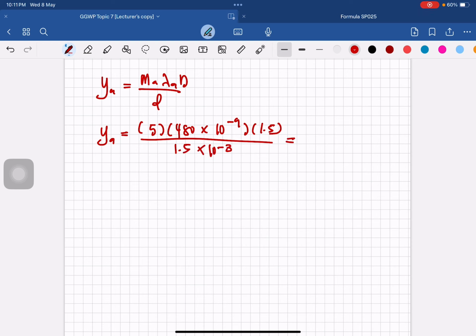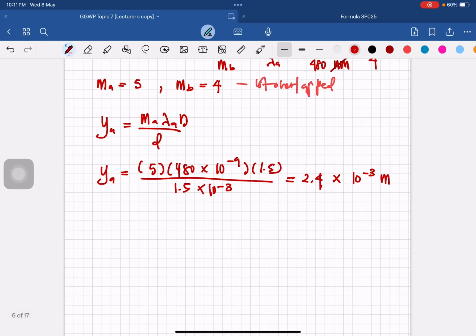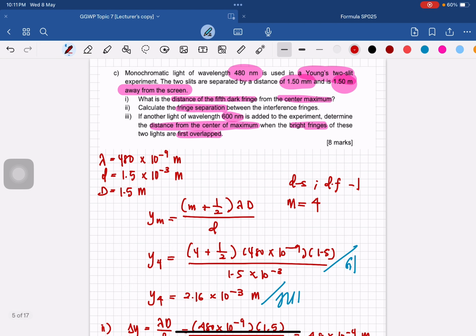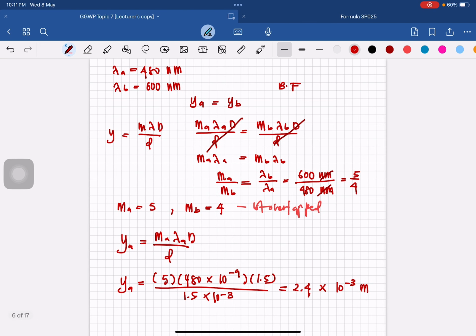Okay, so ini adalah the value. Let me just quickly calculate that. So this one you will get 2.4 times 10 negative 3 meter. Okay, so this is the distance yang dorang overlap. Okay, so that is how you solve questions with overlap lah. Okay, alright, so that is on question C.